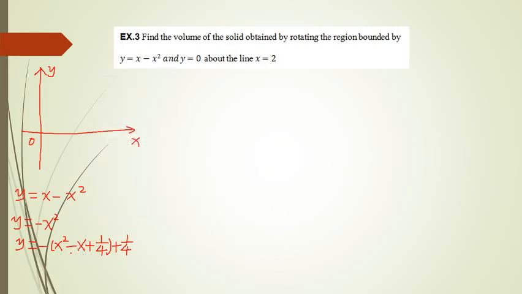Inside is x minus 1/2, and plus 1/4. So that means the vertex shifts to 1/2 and 1/4.